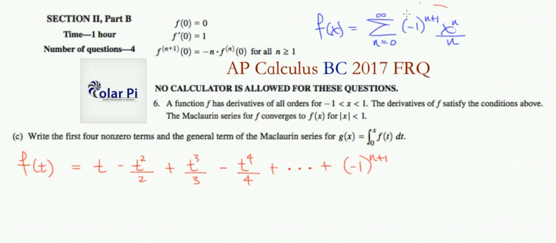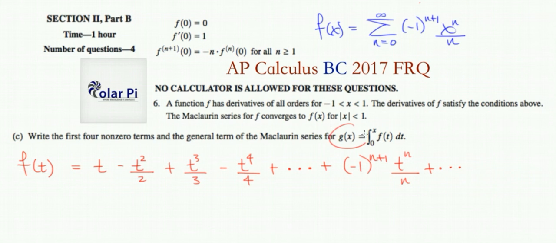We already have the general form right there, except instead of an x we use a t. But yeah, t to the n divided by n, right? And then plus dot dot dot. This is what f of t would equal.